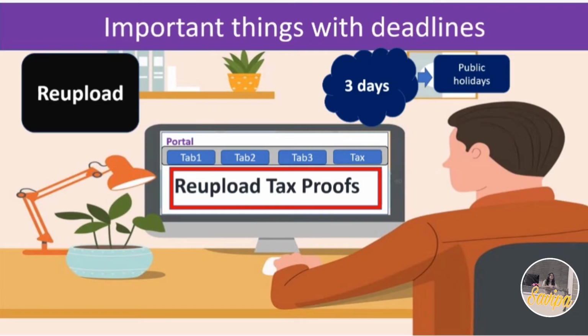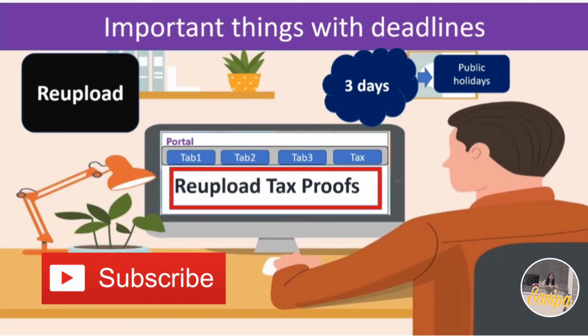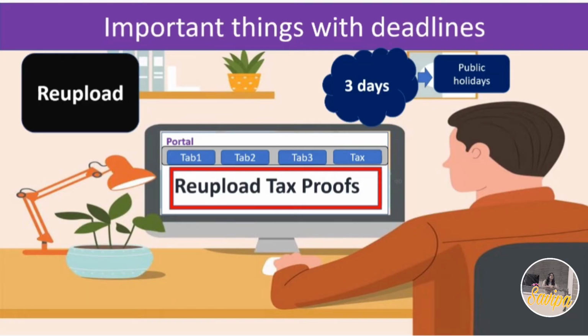And suppose in these 3 days you fail to upload the document, because some people don't have the habit of checking Outlook mails, right? If they don't find this rejected or re-upload mail, and they forget to upload within 3 days, then your proof submissions are cancelled, because you were given enough time and you didn't utilize it.